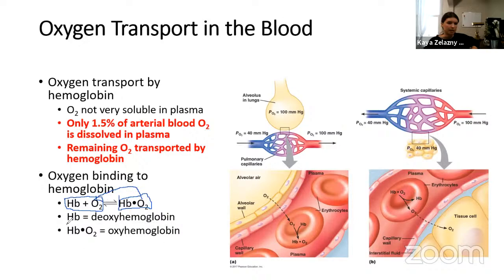So if we have hemoglobin with no oxygen bound to it, we call it deoxyhemoglobin. If they are bound together, we call it oxyhemoglobin. So that's just some terminology that we'll be using when we dive into this next week and think about how oxygen binds to hemoglobin and what influences how much oxygen binds to hemoglobin.